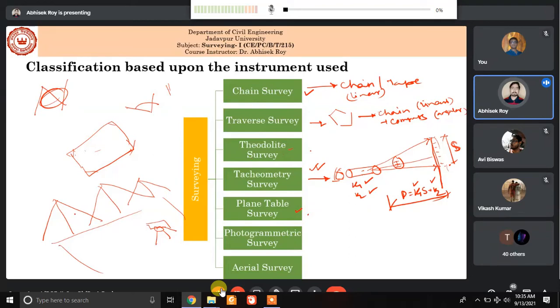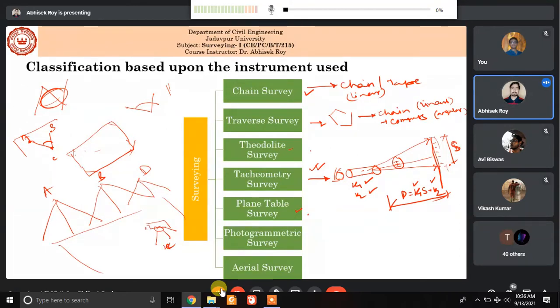You can measure the angle by plotting their projection in a plan. This will be A, this will be B, and this will be your theodolite C. So you can measure the angle ACB by measuring the horizontal angle in a horizontal plane.